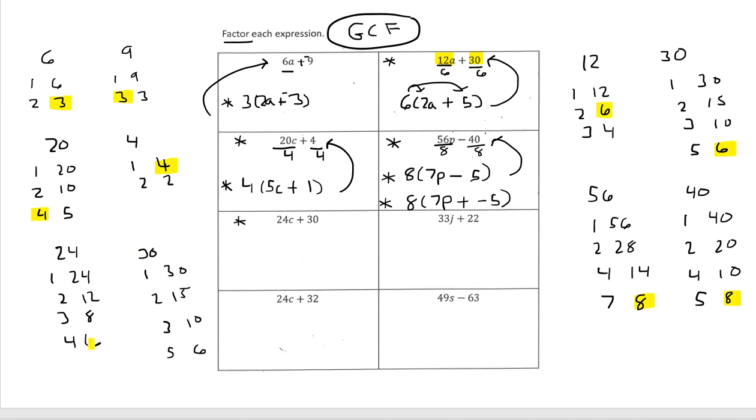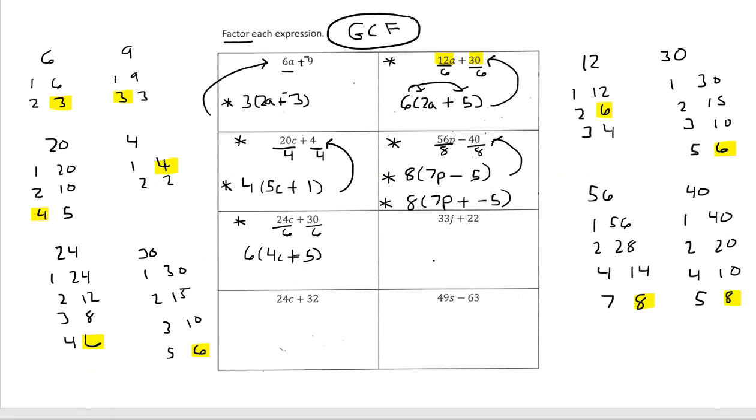Greatest common factor here would be a 6. So now we write our 6 out front of our parentheses, and we're going to divide both of these terms by a 6, which leaves us with 4c plus 5. I have no idea why my 4s always get messed up on this tablet. Okay, so 4c plus 5.